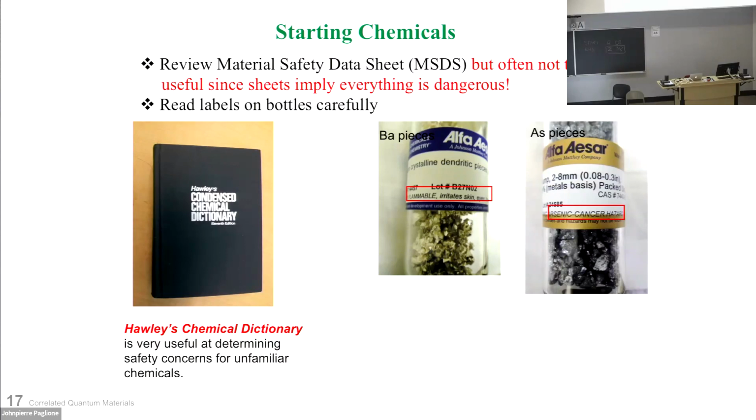But I don't find these things that useful. I mean, they're important to have, but when you're trying to grow something that you haven't grown before, or use an element that you're not familiar with, I find this book, the Condensed Chemical Dictionary, much more valuable. It's got a very short list about pretty much every element and compound that you can think of, and about what the actual hazard is.